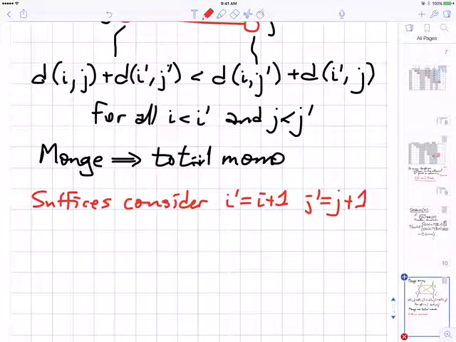In the definition of Monge, as long as you substitute i' equals i plus 1 and j' equals j plus 1 in that inequality, and it holds for all i and j, in other words, if you just look at contiguous 2x2 matrices and verify the Monge property for those, it implies it for all bigger 2x2 matrices that aren't contiguous. This is just a straightforward induction proof. Which means I can check that a matrix is Monge in linear time, in time proportional to the number of entries.